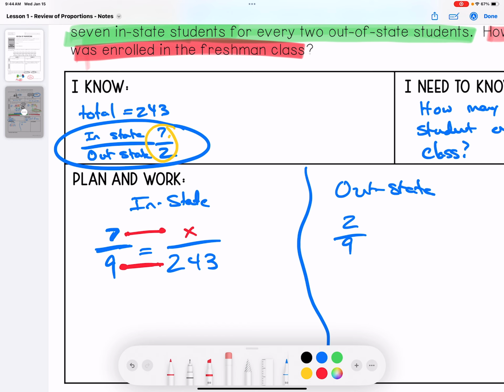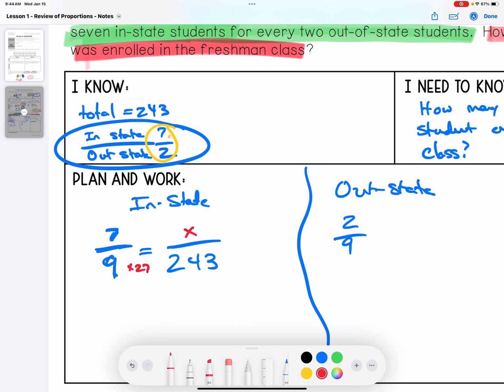So there's two ways to do it. You can figure out how many times 9 goes into 243. You can scale it up. So you just divide 243 divided by 9, and you're going to end up multiplying by 27. So guess what you're going to do on the top? The same exact thing.